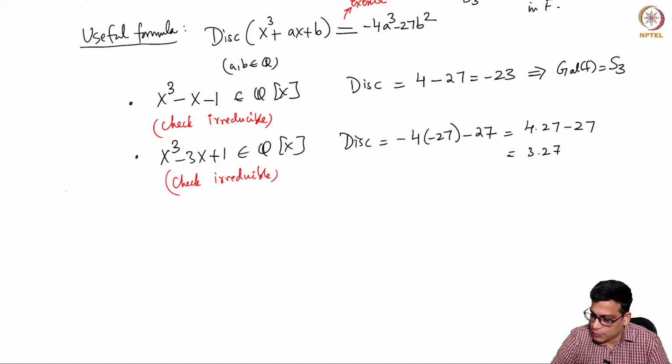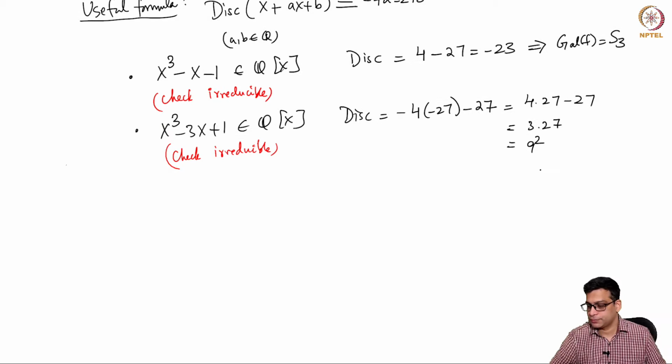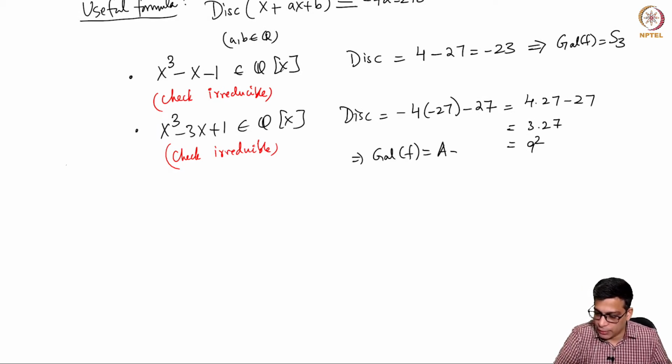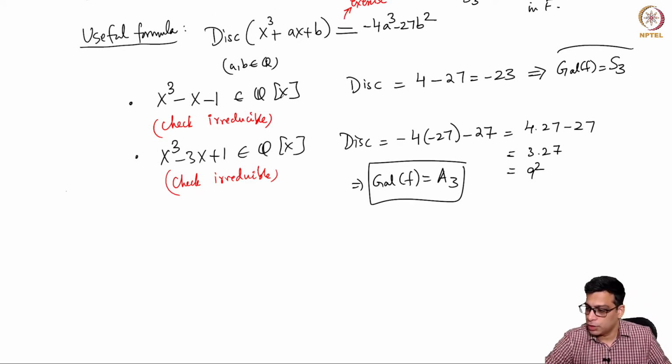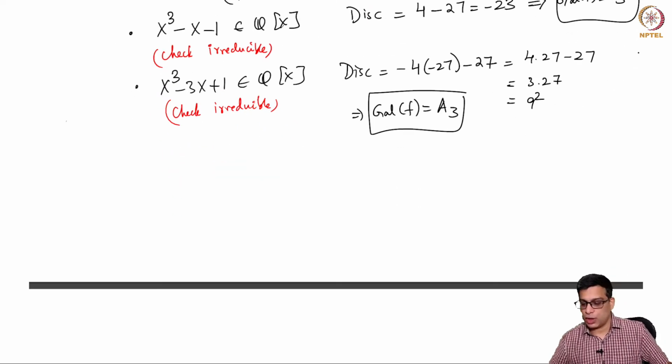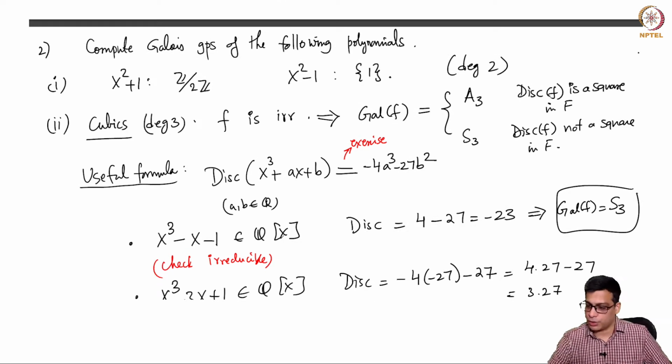So this is 3 times 27, which is of course 9 squared. This implies the Galois group is A3, a cyclic group of order 3. In the previous case, it is S3. I wanted to do these two examples to indicate that both cases occur.